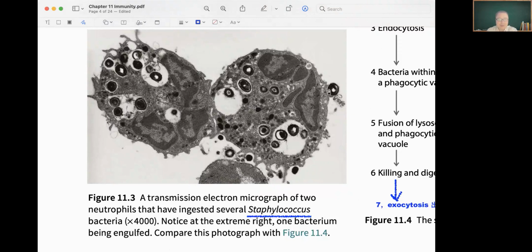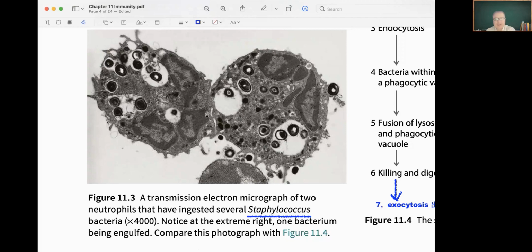Here, the bacteria have been engulfed, have been eaten, and inside of a neutrophil there are several staphylococcus, several bacteria.